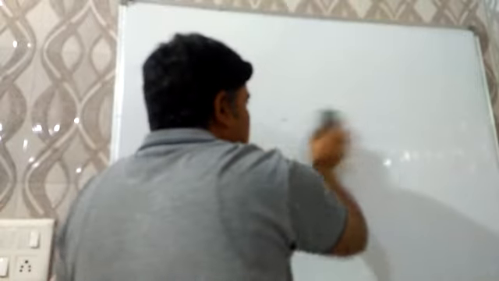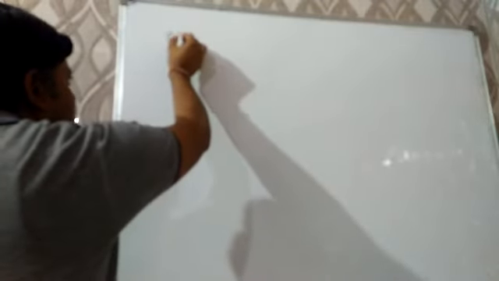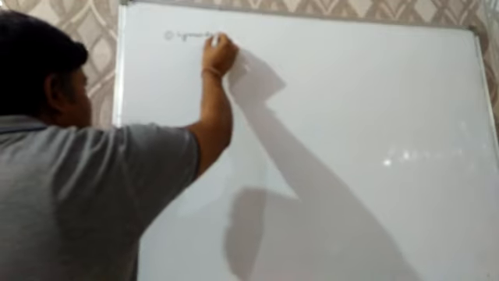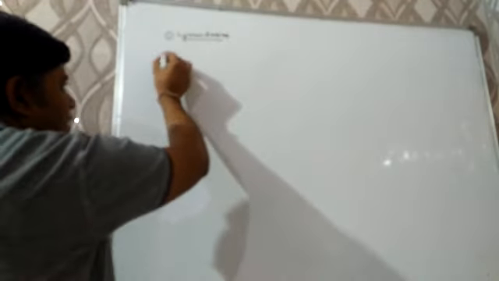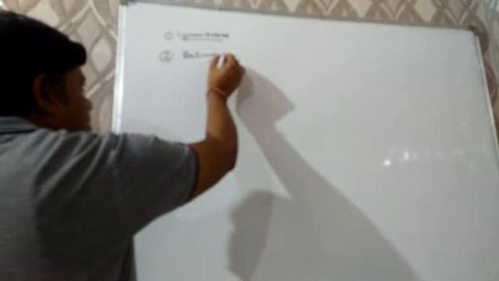Now, what about the number of series? For the hydrogen spectrum, there are 6 series of lines obtained. The first one is Lyman series. The second one is Balmer series.